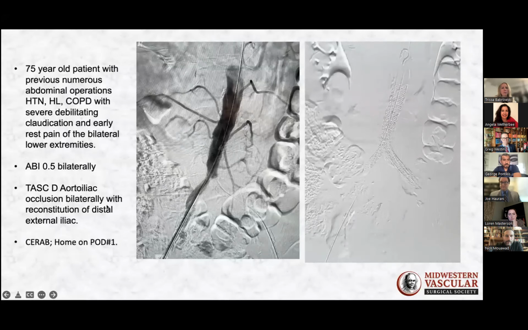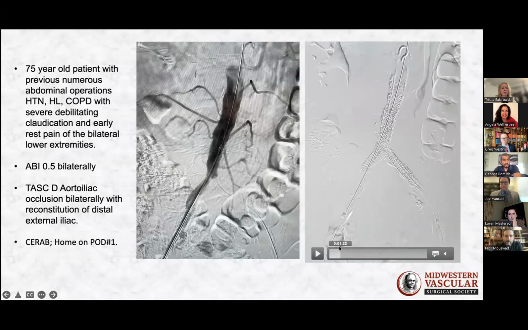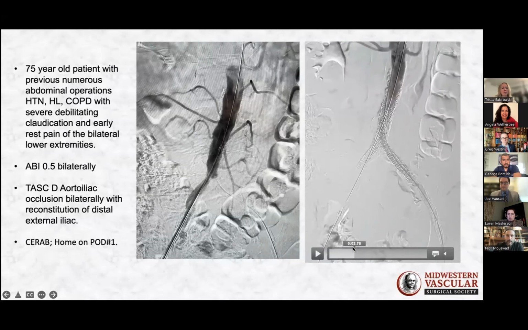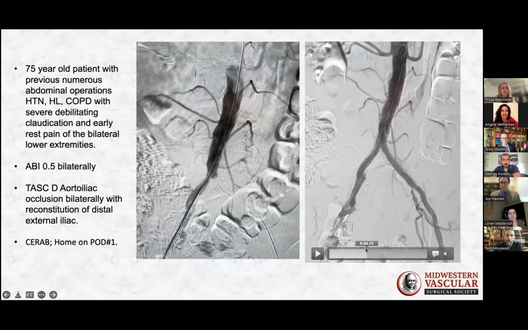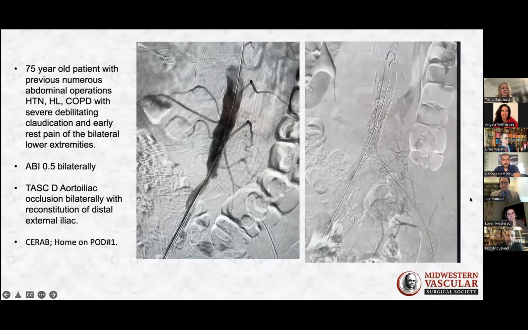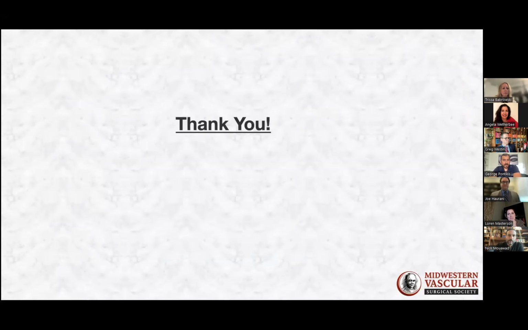And then this patient with a CERAB technique, also a small, frail lady, was able to go home the next day with palpable pulses and no further rest pain. So it's pretty rewarding, and I think every item in the evolution of these technologies has played a role, but covered stents have been critical.